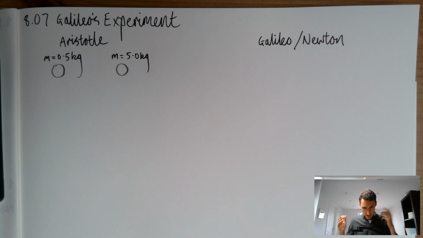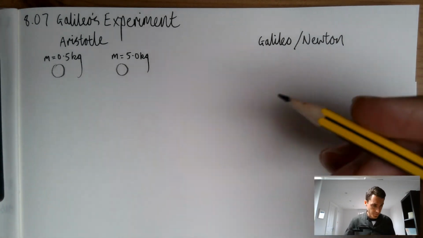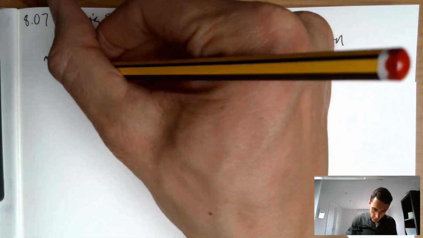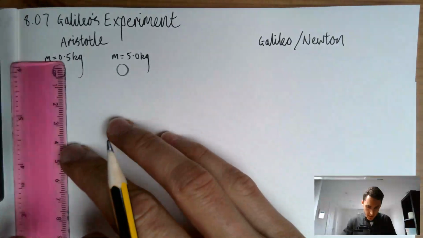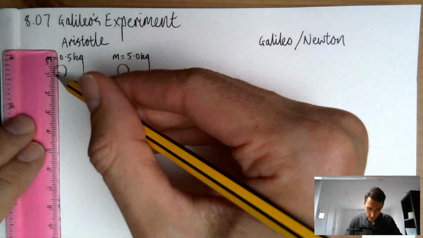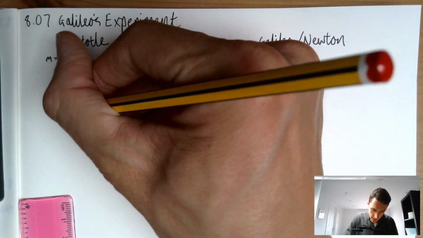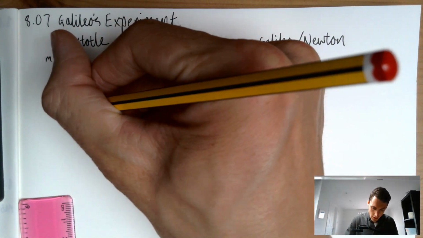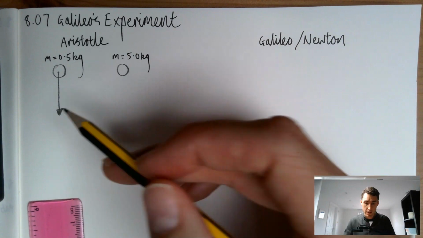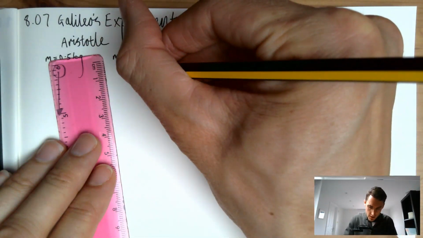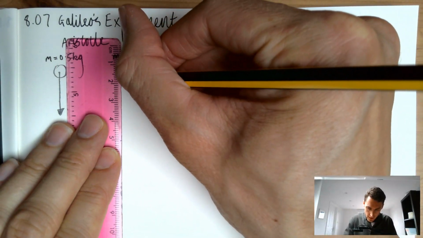Now, the Aristotelian way of thinking about this would be as follows. So if we draw the forces acting here, I can squeeze my ruler in there. What the Aristotelian view says is, okay, that's got a force like that, and we can show that different size forces have different length arrows.